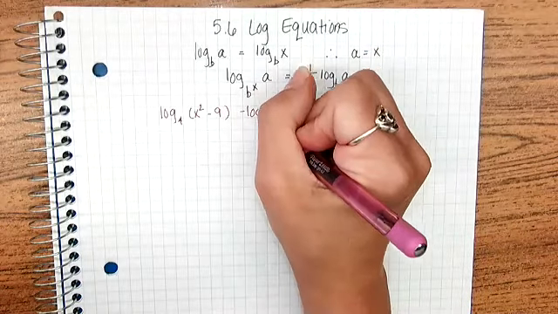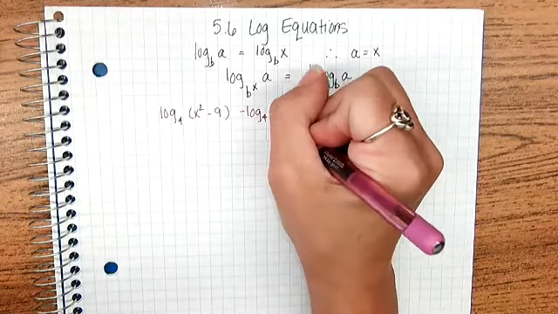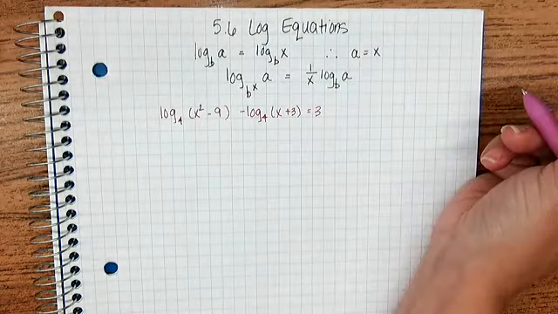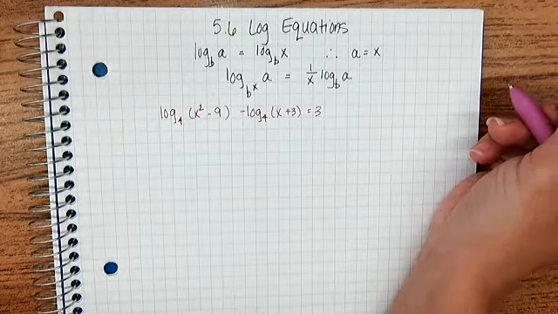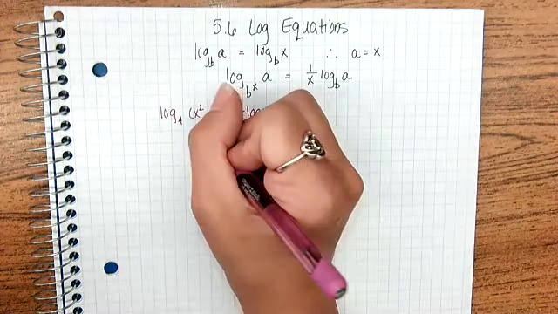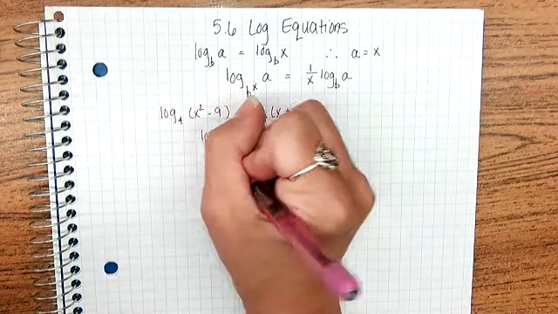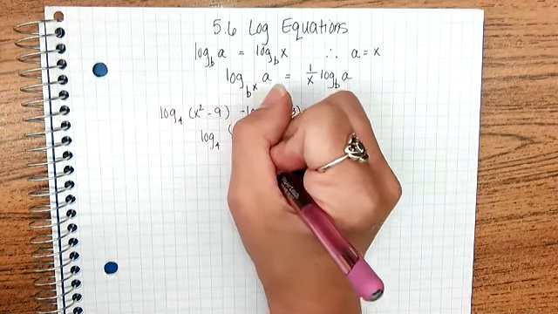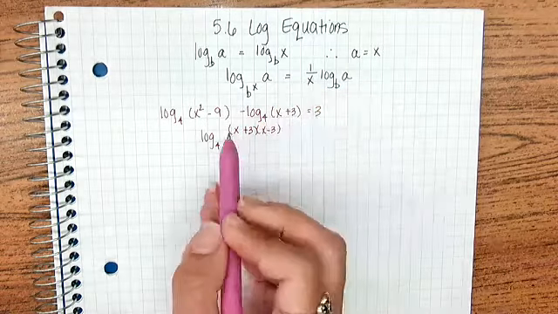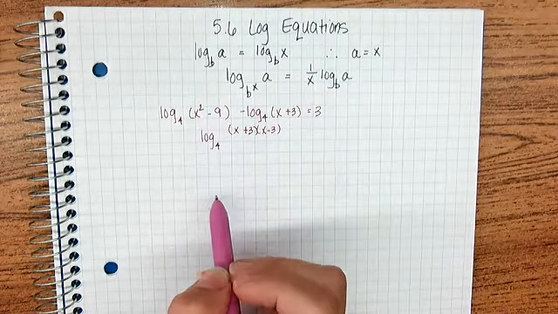Recognize those patterns. Subtract logs, divide arguments, and I'm going to go ahead and factor x squared minus 9. This is the log base 4 of x plus 3, x minus 3, pattern x squared minus 9.